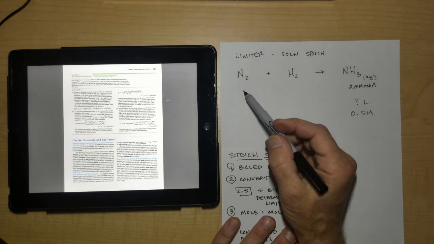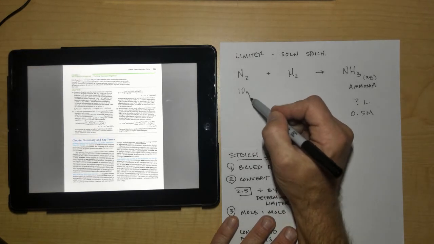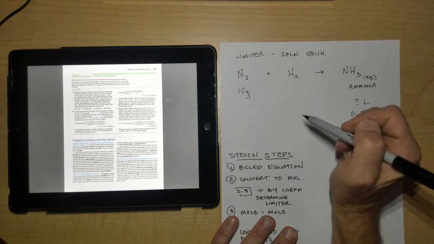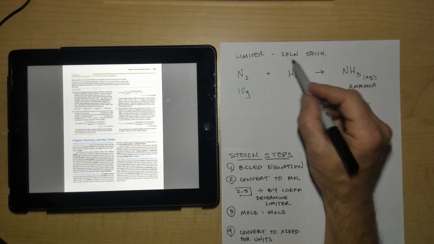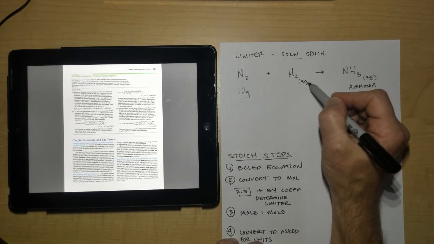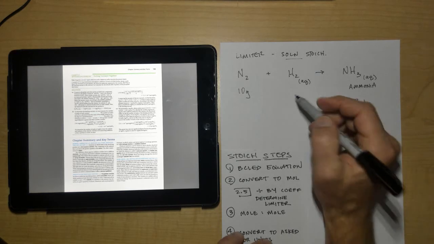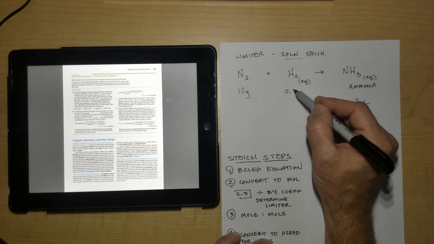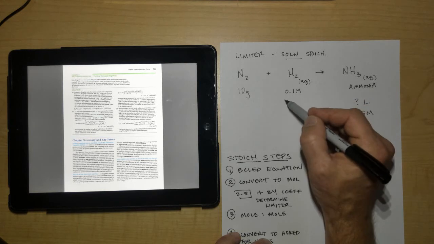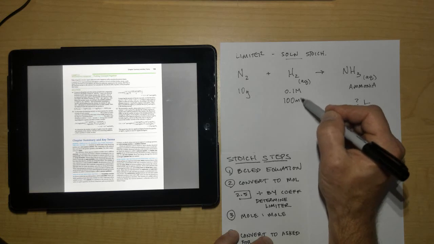And then let's say that we're given 10 grams of this one, and I don't know how this would work, but let's just make it be solution stoich. This is made up once again. Let's say this is aqueous, even though it never would be. Let's pretend that this is 0.1 molar, and we have, let's say, 100 milliliters of it.